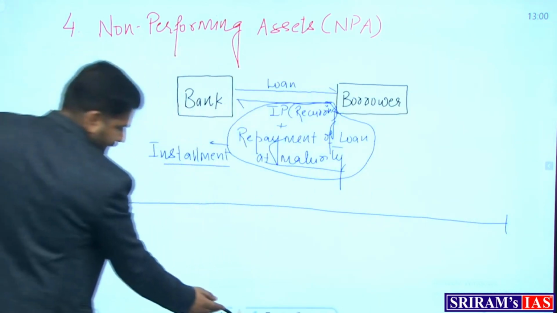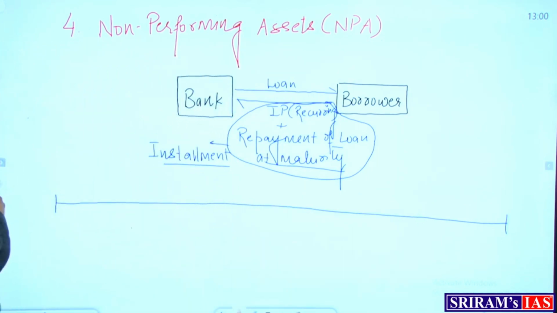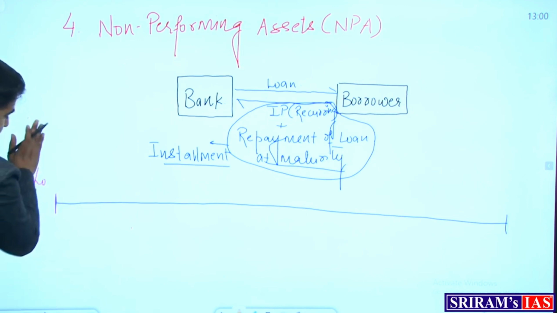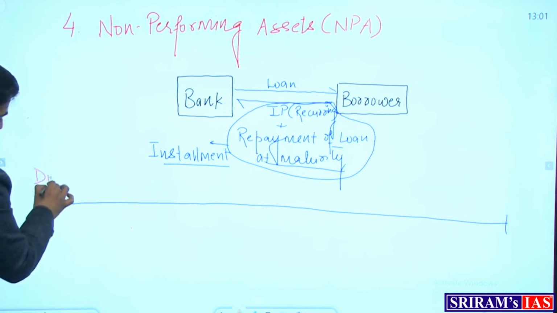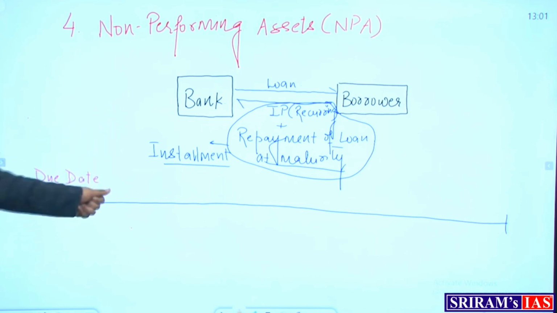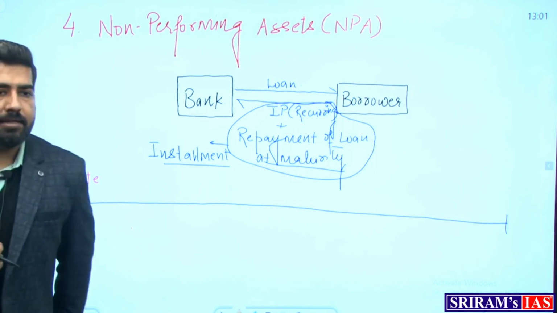Okay? See, this is the loan due date or installment due date, we write it as due date. Clear? If the loan, or the interest payment or the installment, is being paid on time, it is considered a standard asset. It is working fine, which means on the due date the asset is paying its installment. But it does not always happen like that.